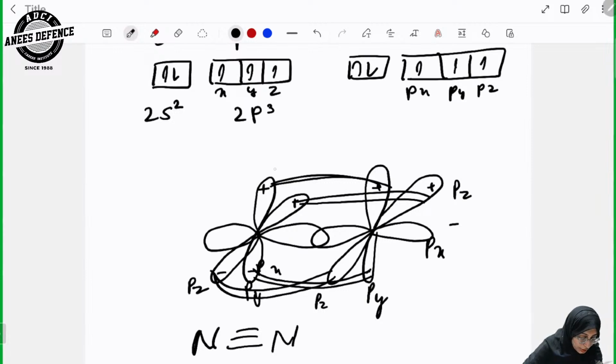The py of one atom and the py of the other atom overlap sidewise and form one pi bond. The pz of one atom and the pz of the other atom again overlap sidewise and form the other pi bond. So between two N atoms in the molecule, there is one sigma bond and two pi bonds.